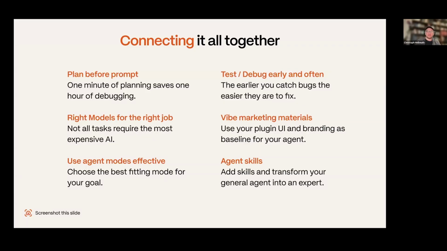The earlier you catch a bug, the easier it is to fix. Reuse your existing code for marketing. Your plugin CSS is basically the brand guide you already created. And explore agent skills to transform your general AI into a specialized expert. These 6 principles apply whether you're building a Figma plugin, a web app, or any other tool with AI assistance. The specific tools may change, but the workflow stays the same.